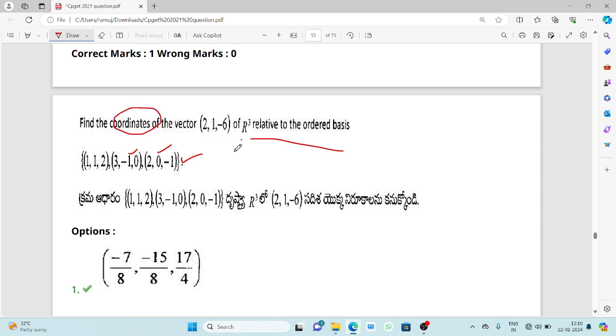When we say coordinates of a vector, suppose our basis is given like this. I can write the ordered basis this way: A into (1, 1, 2) plus B into (3, -1, 0) plus C into (2, 0, -1).